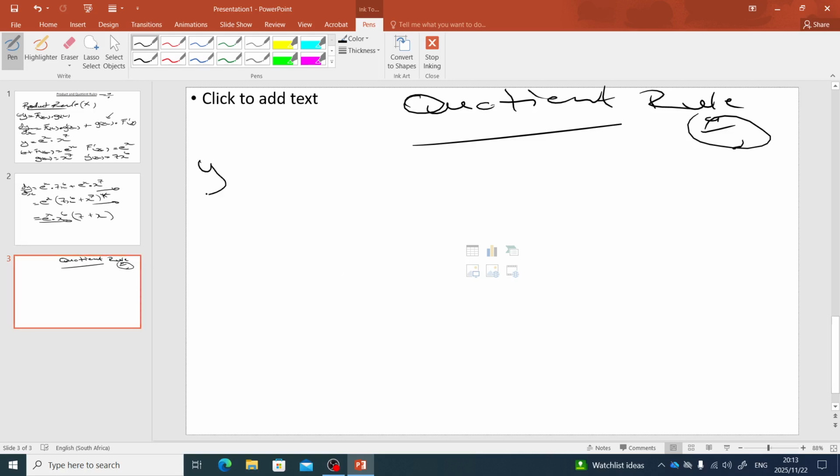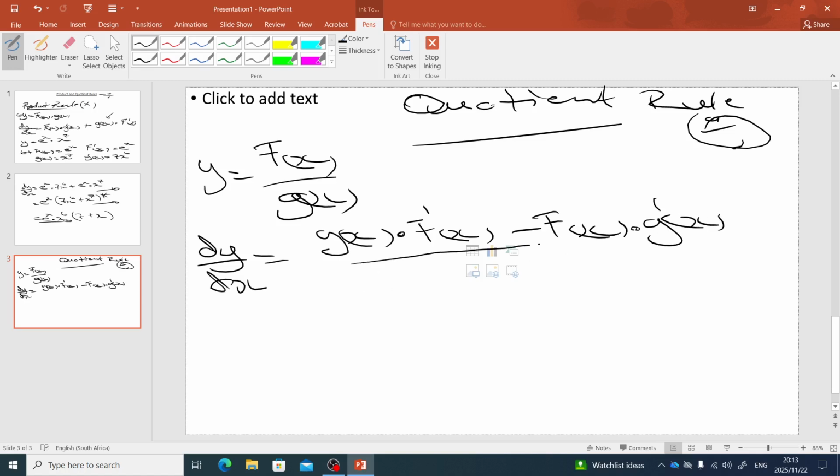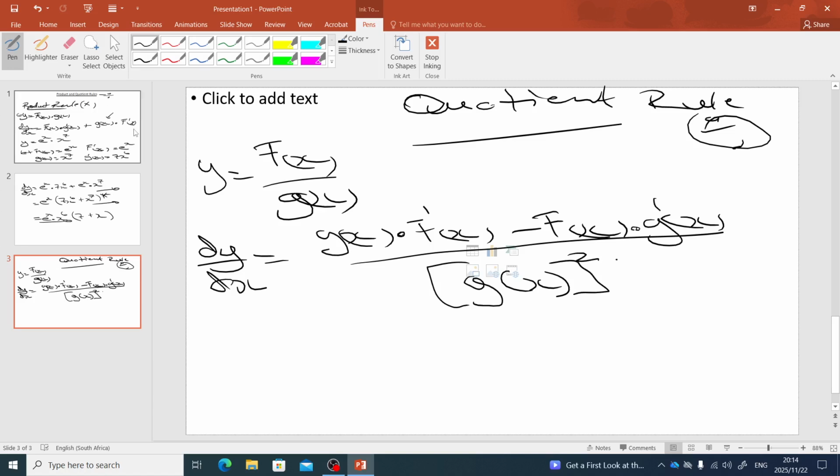Now, for the quotient rule, if you are given y equals f of x divided by g of x, the application of your quotient rule would be dy/dx equals g of x multiplied by the differentiation of f of x, minus f of x multiplied by the differentiation of g of x, all divided by g of x squared.